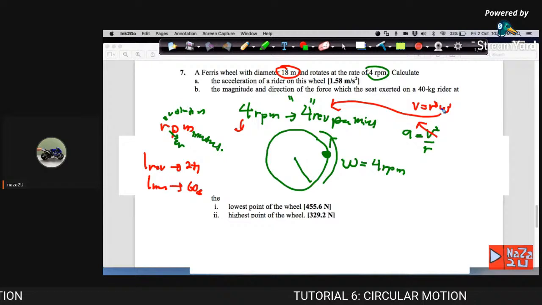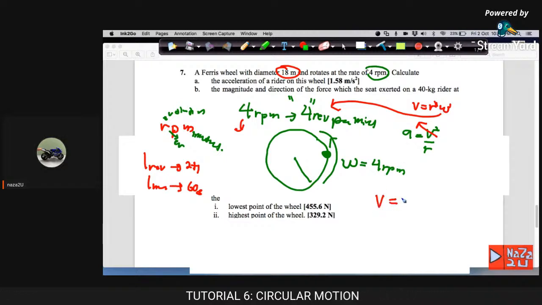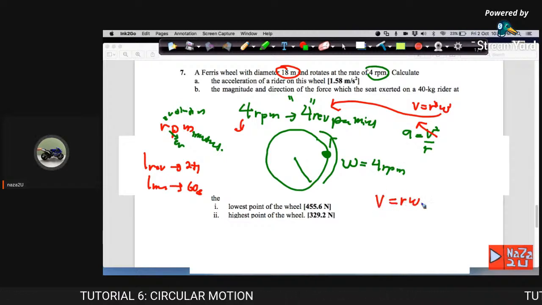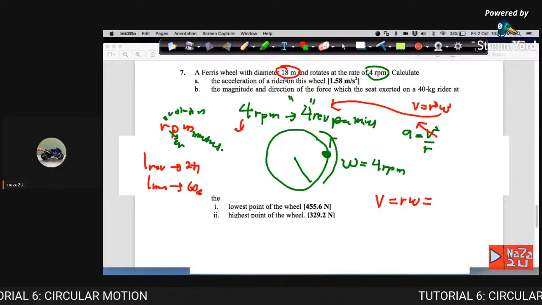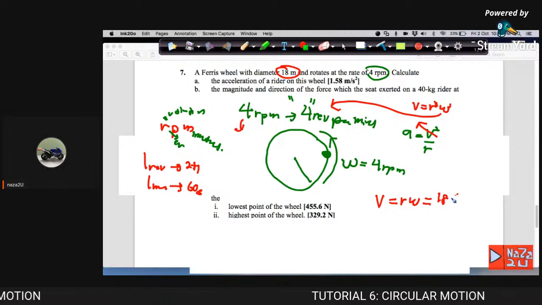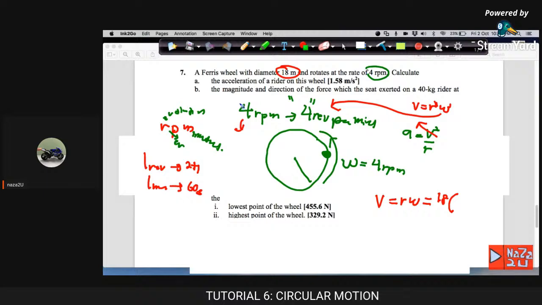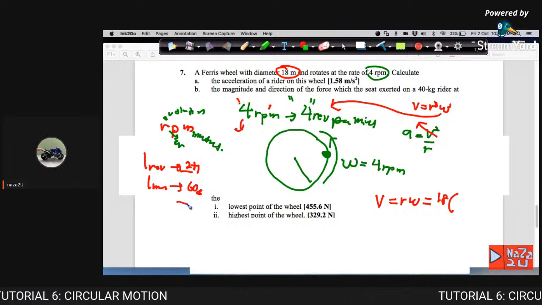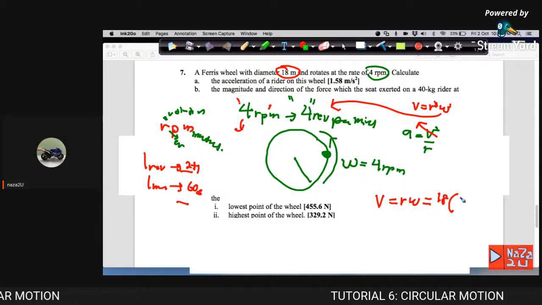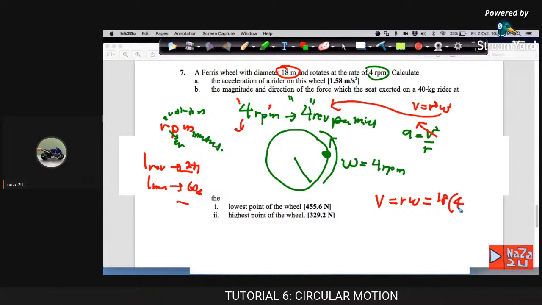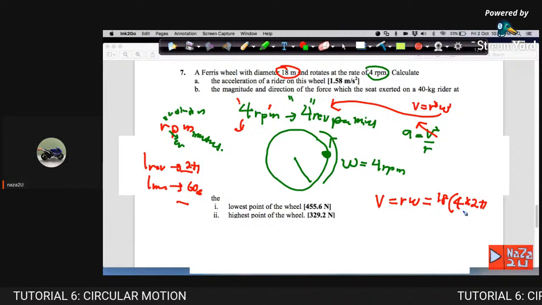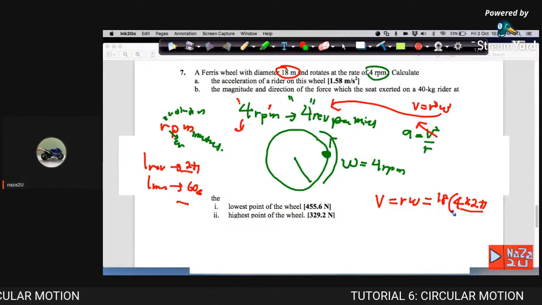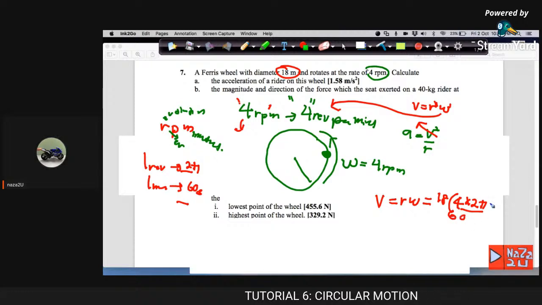If you use the equation here, V is equal to R omega, and R is equal to 18, and omega is equal to 4 RPM, convert to the radian, convert to the second, here is equal to 4 revolution, 1 revolution is equal to 2 pi, and divided by 60, 1 minute, 60 seconds.